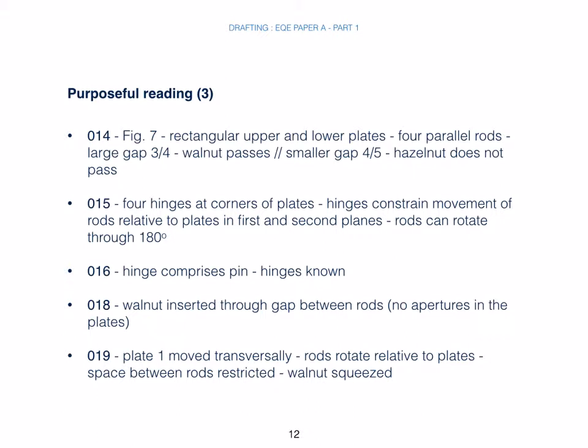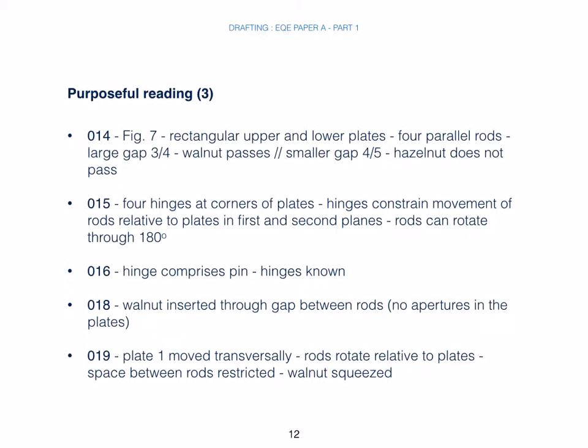However, the rods 3 and 6 do not move relative to each other. The same applies to the rods 4 and 5. The space between the plates 1 and 2 and the rods 3, 4, 5, 6 is restricted so that the walnut is squeezed by the plate 2 and the rods. Figure 10.